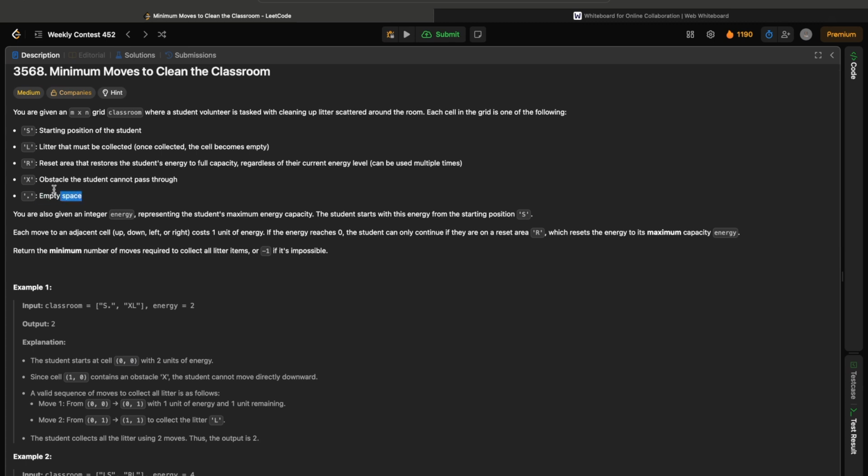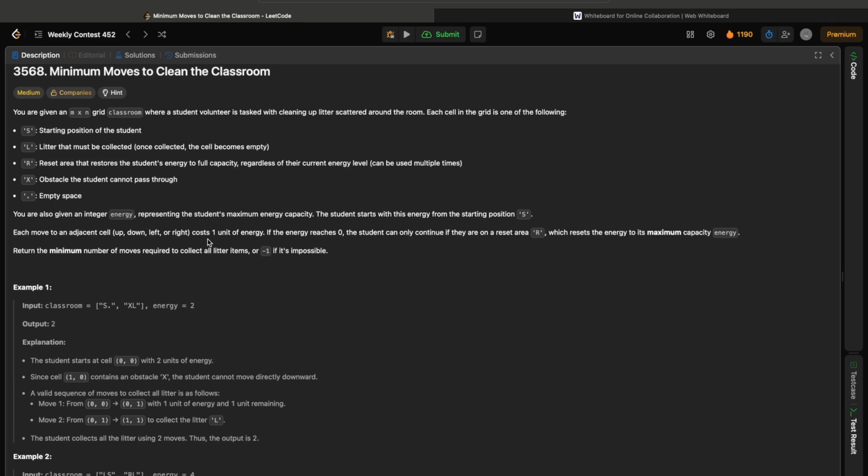So this naming is pretty clear to us. What we need to do here is, we are also given energy, which represents the student's maximum energy capacity. So whenever you reach any R position, your energy becomes the same as this energy, and the student starts from S. We can move in 4 directions: up, down, left, and right.